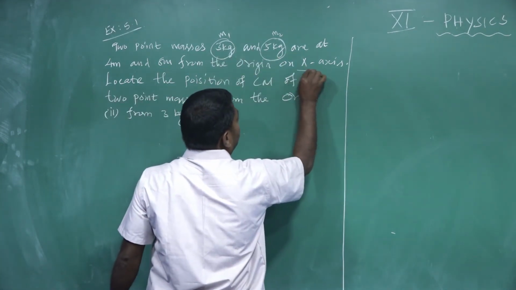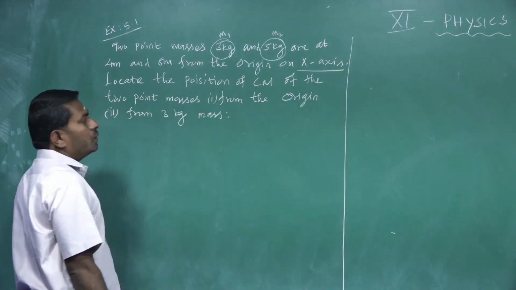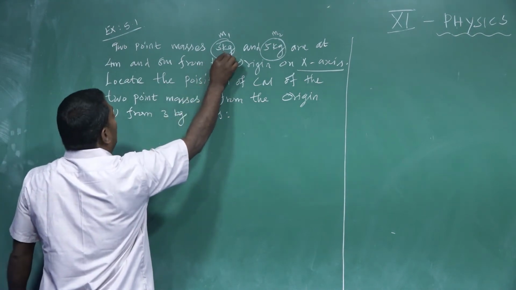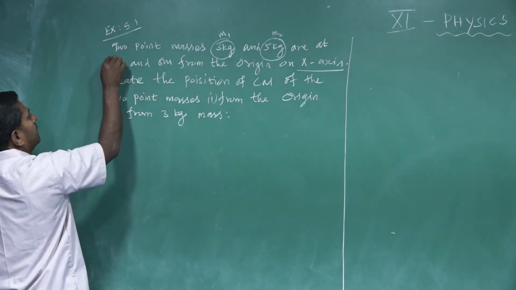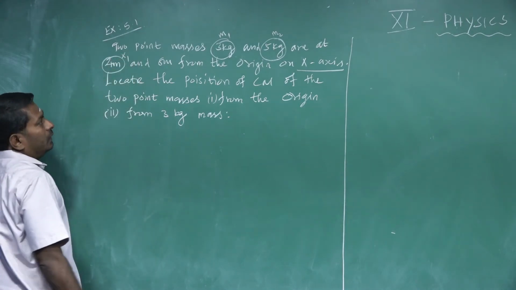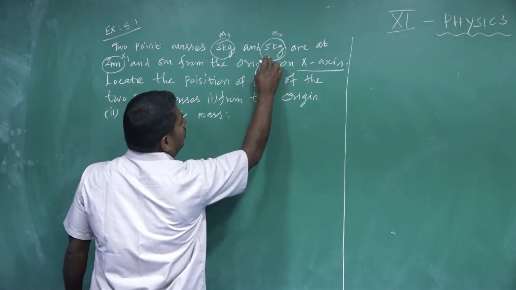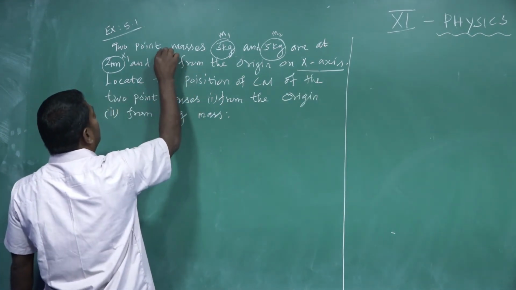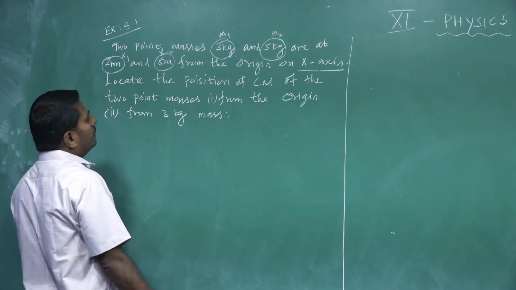These 2 point masses are located on the positive x-axis. 3 kg mass is located on the x-axis 4 meter from the origin, that is x1. 5 kg mass is located on the positive x-axis 8 meter from the origin, which is equal to x2.